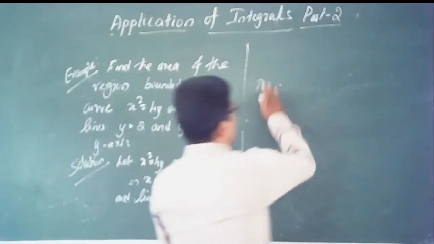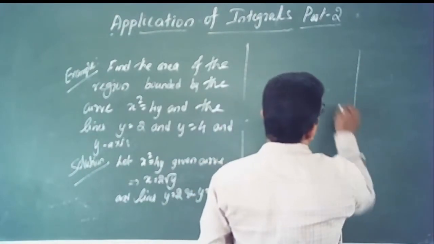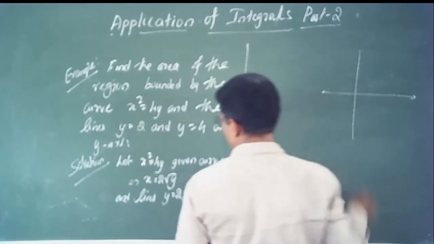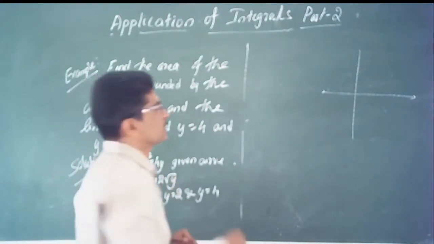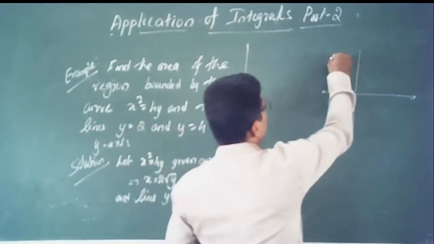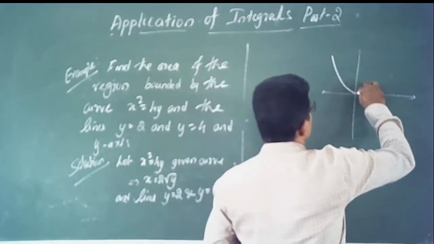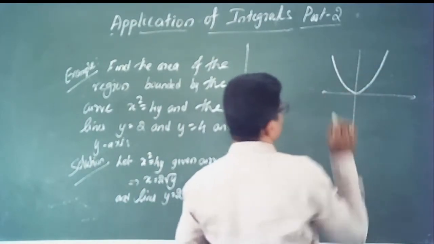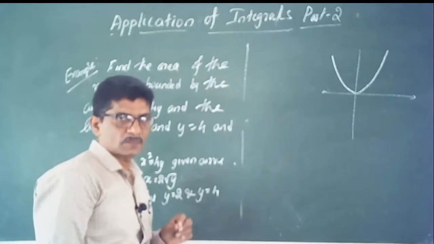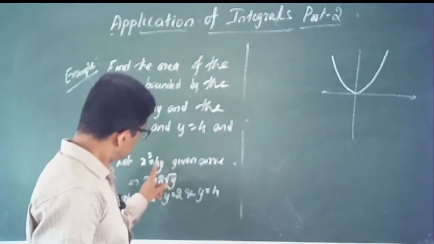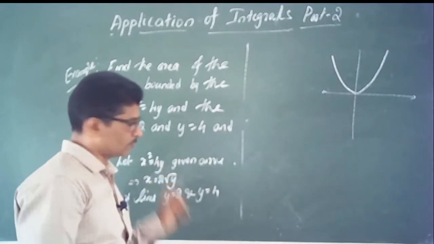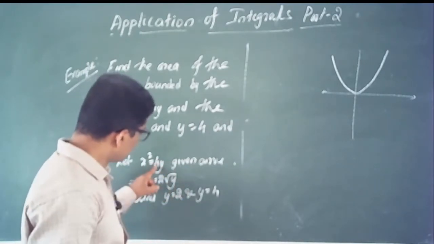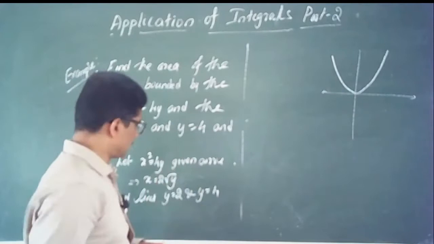First draw the diagram. Here you know that this represents a parabola, x square is equal to 4ay form. The vertex is the origin, and here a is positive, therefore the curve is above the x-axis. Put x equal to 0, y equal to 0, so it intersects the origin.